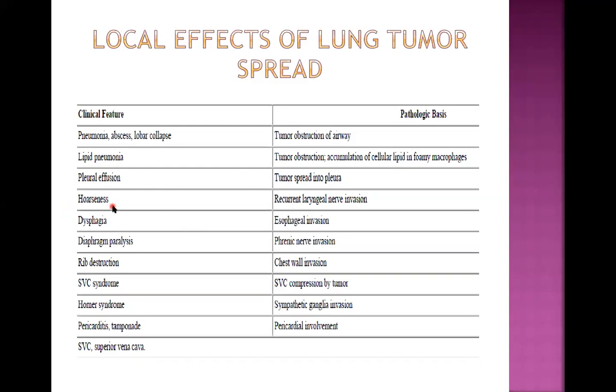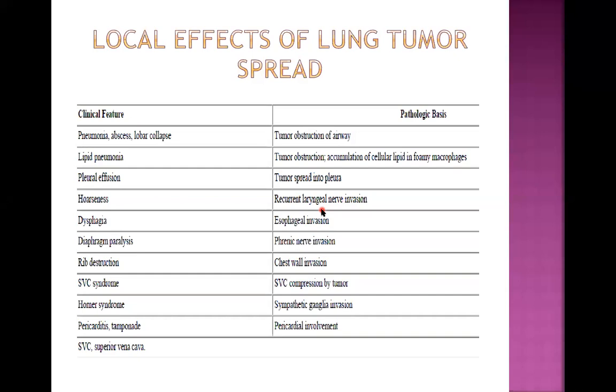Hoarseness of the voice. Hoarseness means the quality of voice is affected. The quality of the voice is not normal. This is a hoarse voice, and this occurs when the recurrent laryngeal nerve is damaged. The recurrent laryngeal nerve is a branch of the vagus nerve, so it is present right there in the thoracic cavity. A little bit of anatomy about the recurrent laryngeal nerve for you, probably you have forgotten.